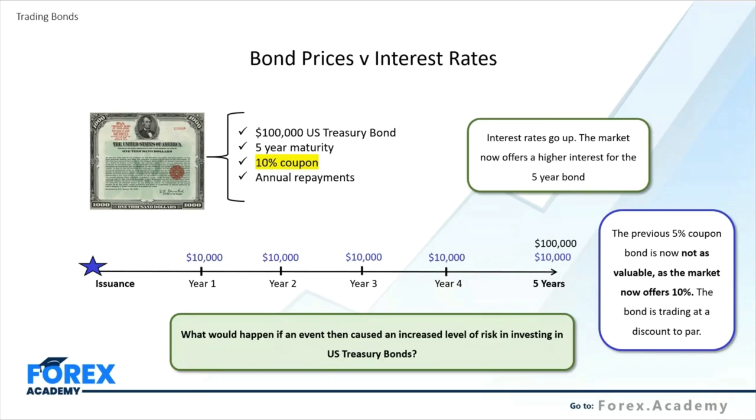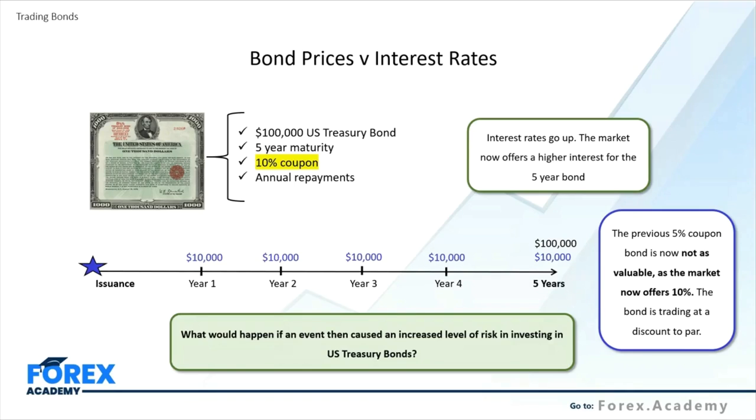We then receive the principal at the end. The previous 5% coupon bond is now not as valuable in the market, as the market now offers a 10% coupon for the same 5-year bond, a $100,000 bond. The bond is trading at a discount to par in this example.